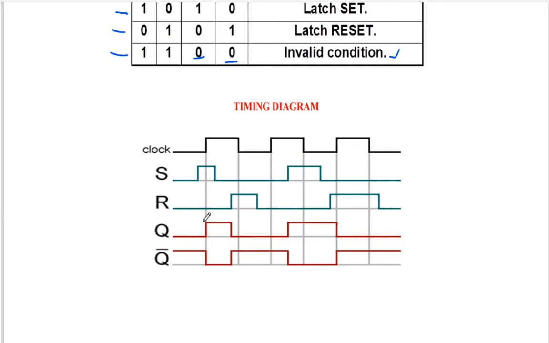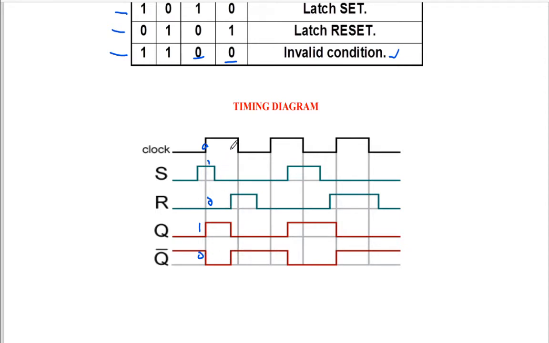You can see here when S and R are both 0 0 and there is no clock pulse, Q and Q bar remain in the previous state. When the clock pulse is rising and the value of S is high and R is 0, Q is set to 1, whereas Q bar is set to 0.